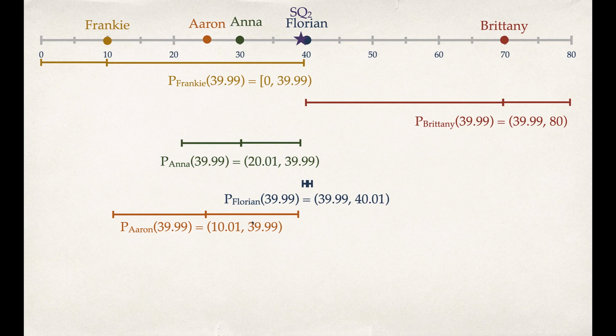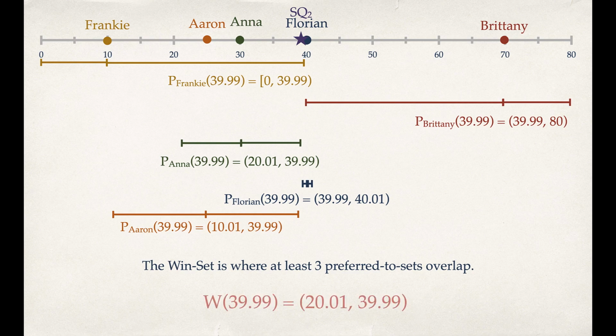All right, so here are all the preferred-to sets, and now we're going to draw a name out of the hat again. Well, first let's find the win set. So the win set is everywhere that at least 3 people's preferred-to sets overlap. Notice everything on this side of 39.99 only has 2 people who prefer it, and really only for a little bit. Really, it's only Brittany, way out here, who prefers a lot of the things that are above 39.99. Florian has this tiny preferred-to set, all right?